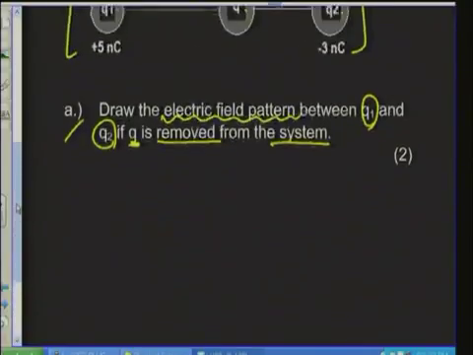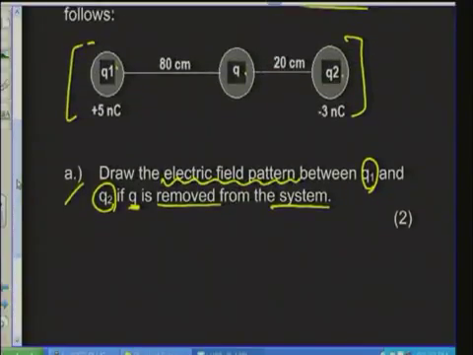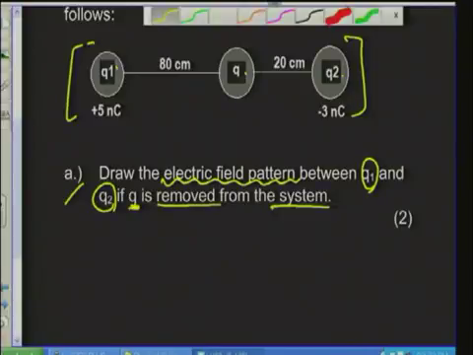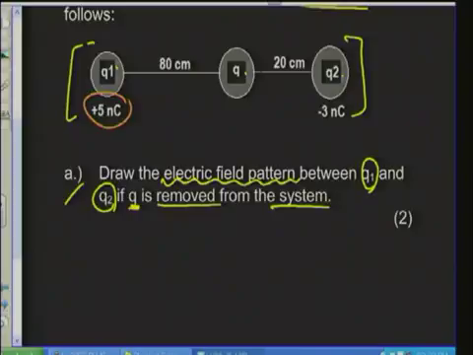Now, you need to go back to this diagram here and recognize the fact that Q1 is positive and Q2 is negative. Now, if I need to draw an electric field pattern between a positive and a negative charge, I need to know what is going to happen.